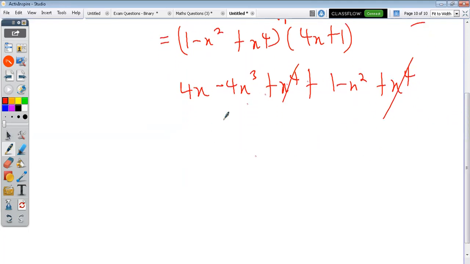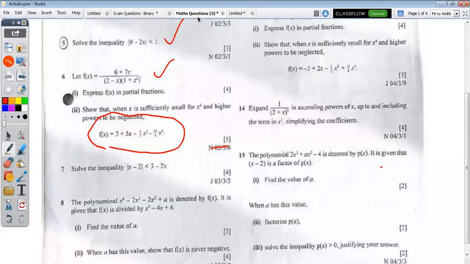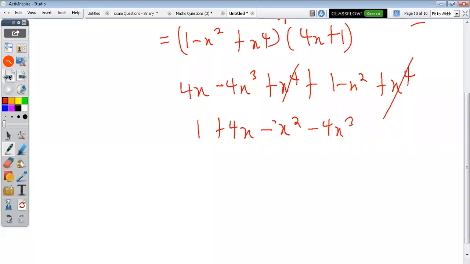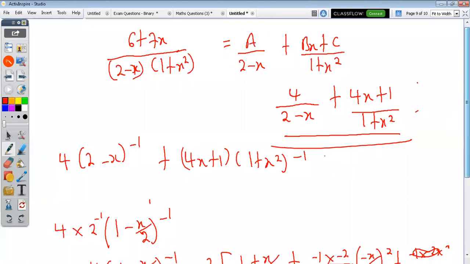So we have 1, then we've got plus 4x minus x squared minus x to the power of 3. Clear? Then the other one, the first one, what was it? So that we add them.